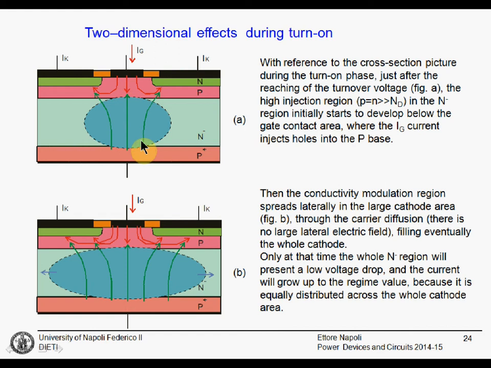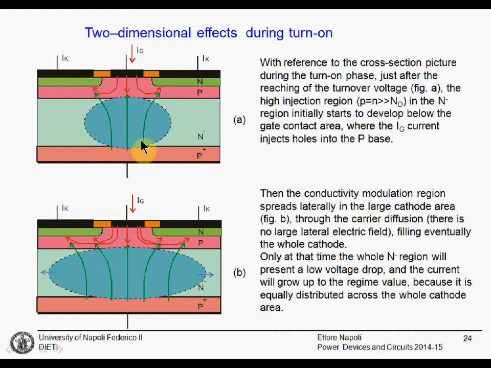Two-dimensional effects during turn-on. This is the section of the device during turn-on. We know that a current pulse is needed to trigger the device from the off state to the on state. There is a gate current entering from here.